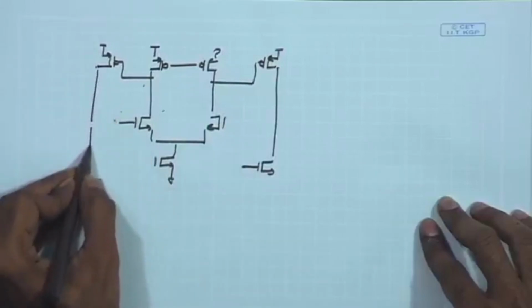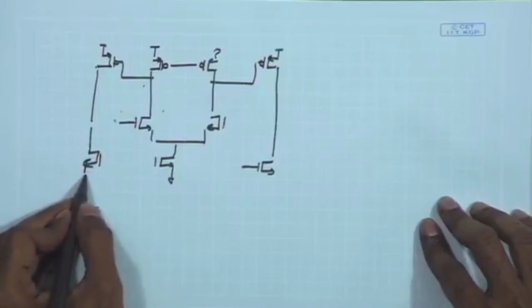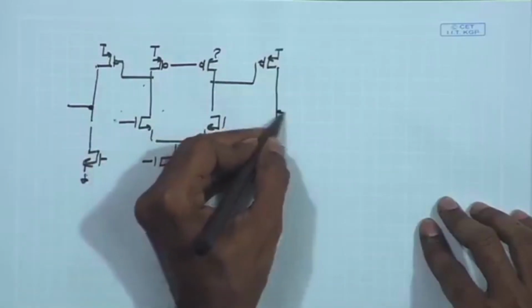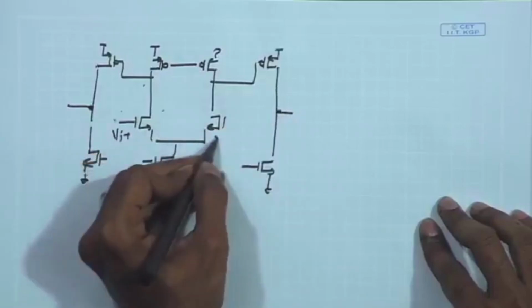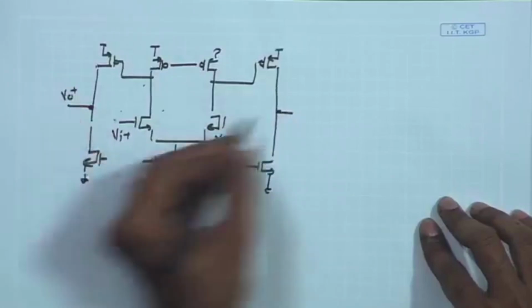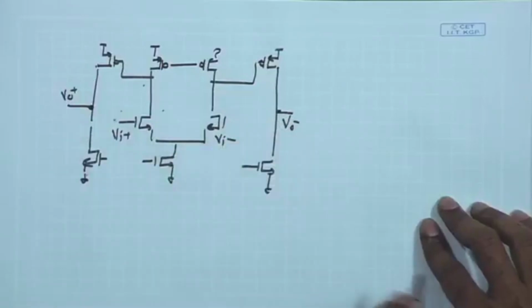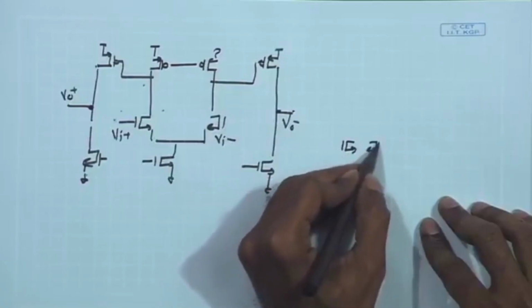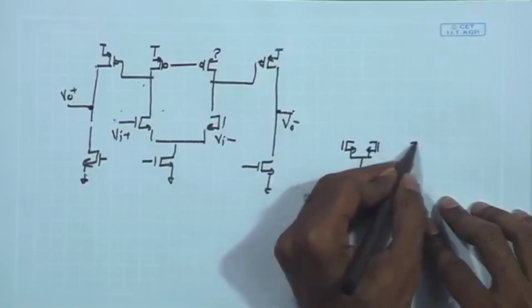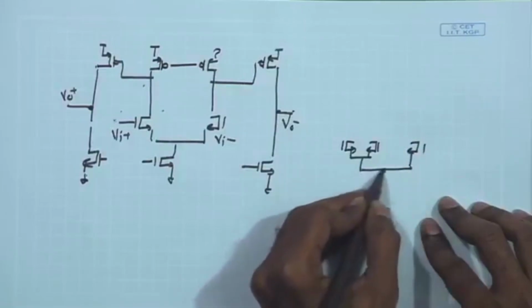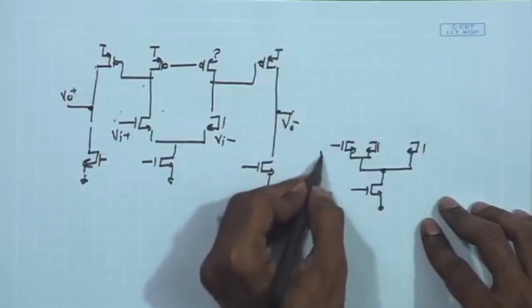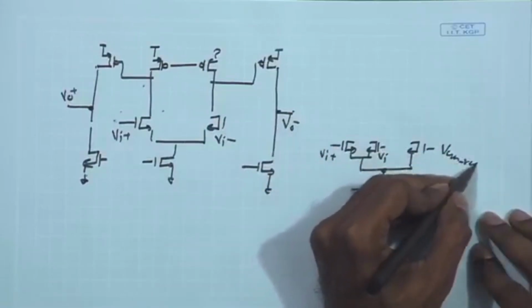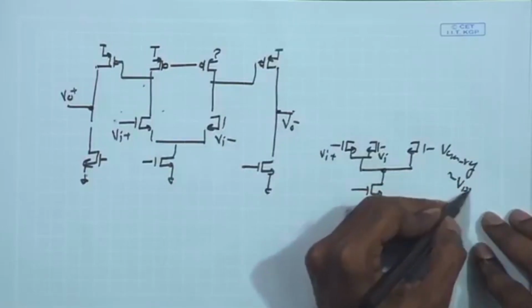Once again we are assuming that the output common mode is taken from the final output stage. So, if this is your Vi plus and Vi minus, I have the Vo plus and Vo minus, and my error amplifier is going to take the Vi plus, Vi minus, VCM ref, and this is going to be close to VDD by 2, because this is the output common mode.